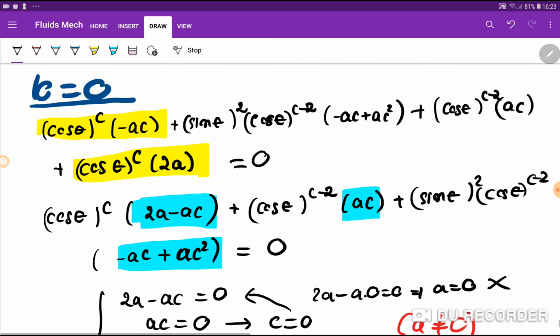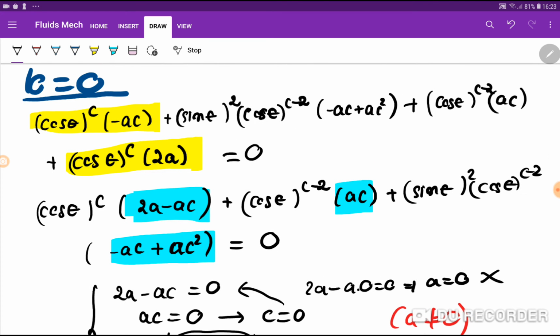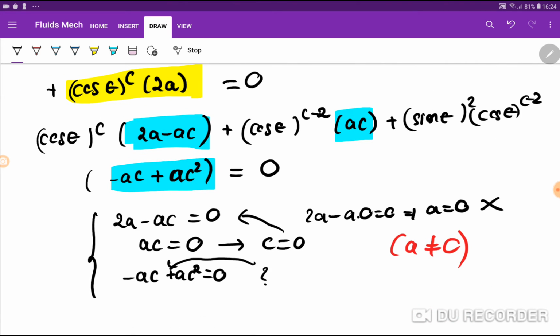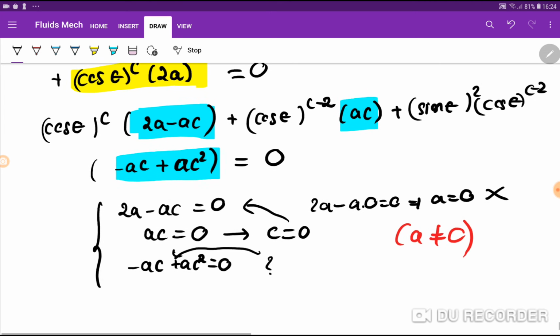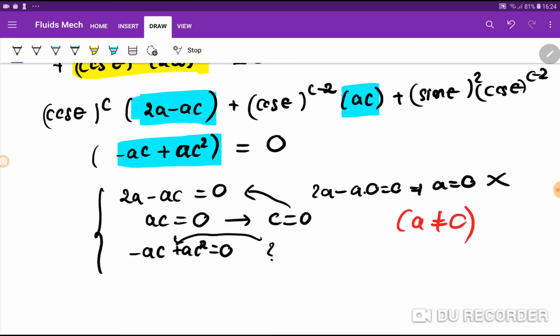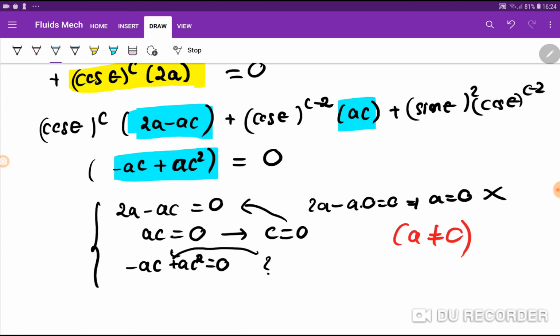This is where the guess comes in. Apparently there's billions of ways you can set this equation equal to 0. Actually, let me try another way. Let me divide all of this by cos theta to the power of c minus 2. Let me denote this equation 11.